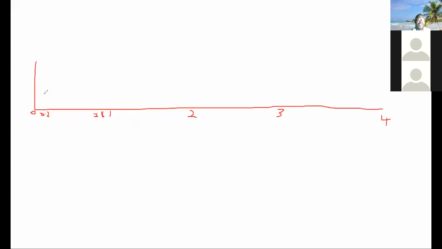So you can have a confidence interval that ranges from here to here. You can have a confidence interval that ranges from here to here. You can have a confidence interval that ranges from maybe here.